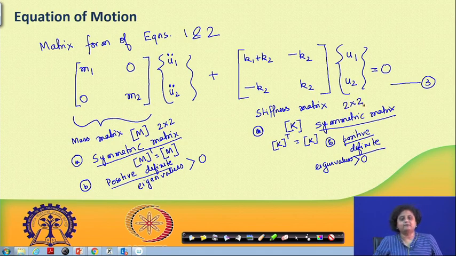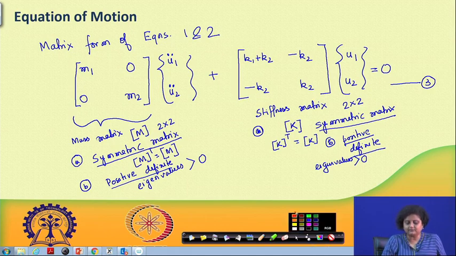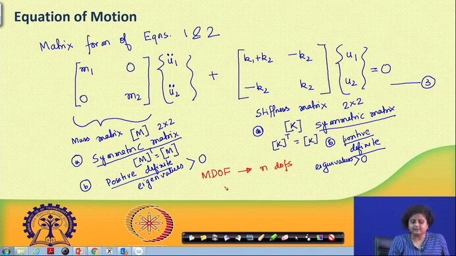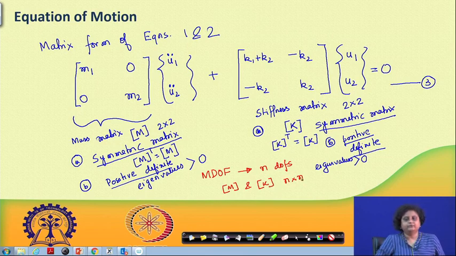So, if I have a multi-degree of freedom system, an MDOF system with n number of degrees of freedom, then my mass matrix and stiffness matrix are going to be n cross n, which is pretty straightforward.